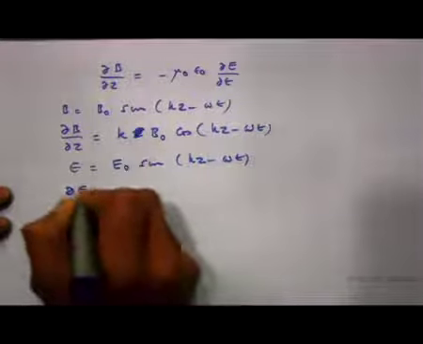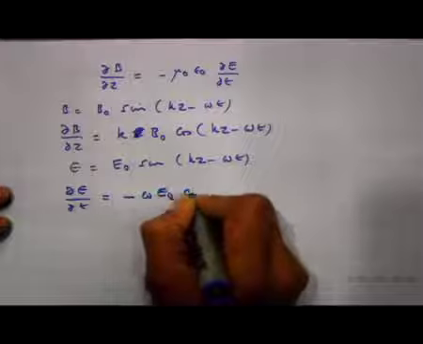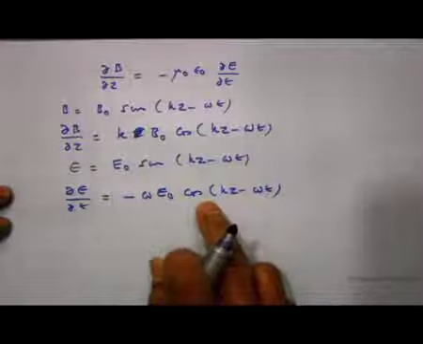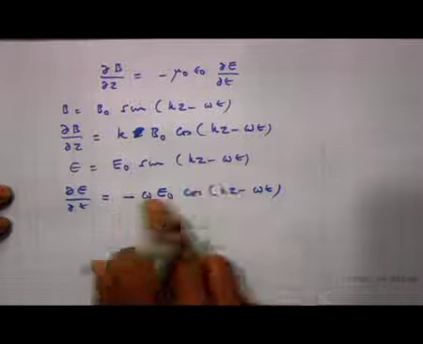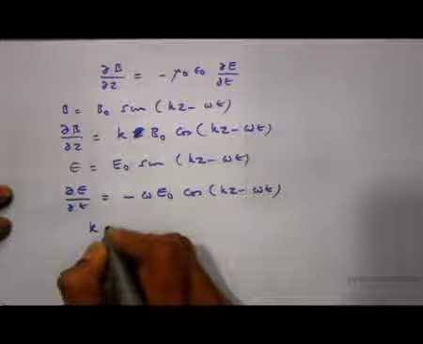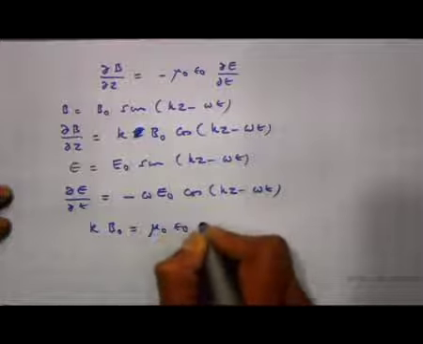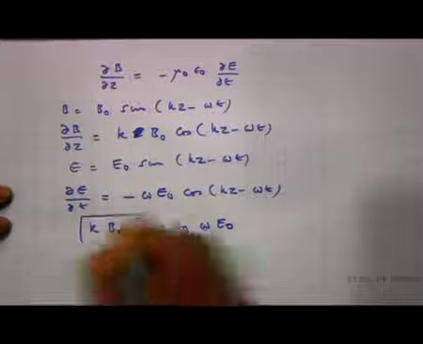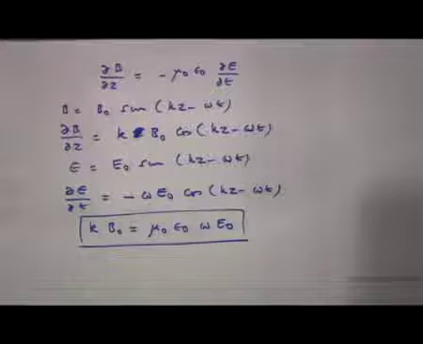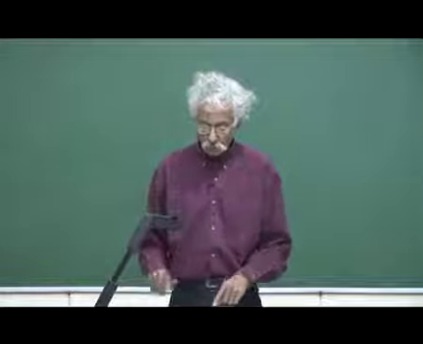So, del E by del t is equal to minus omega E naught cos(kz minus omega t). Differential of sine is cosine, and because there is a minus sign here, I get a minus here and omega. So, if I substitute this into this equation, I get k times B naught is equal to mu 0 epsilon 0 into omega E naught. So, that is another equation. If the solutions which I have written must satisfy the generalized Ampere's law, then E naught and B naught must satisfy this equation.